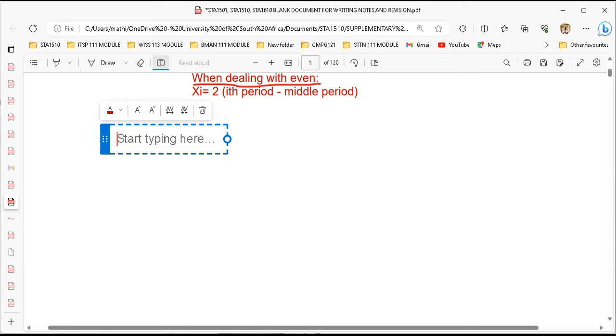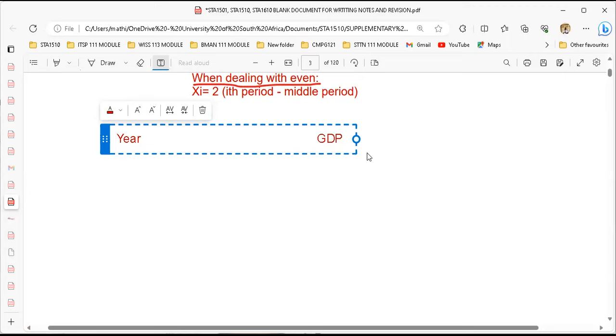We are given the year, and let's say we're given the gross domestic product, GDP. Yes, GDP. Just any example, I just want to use one example.